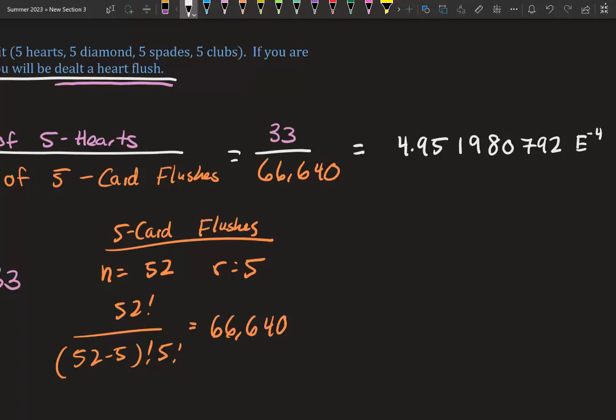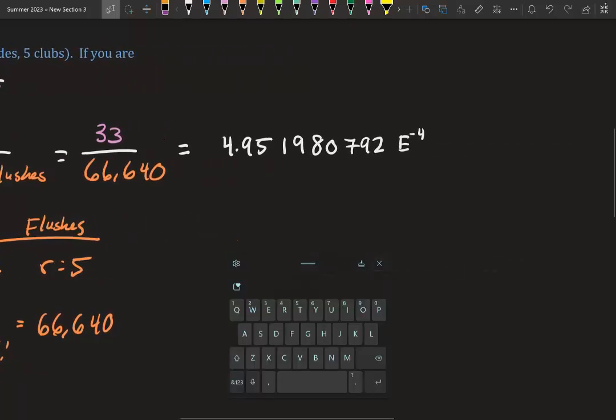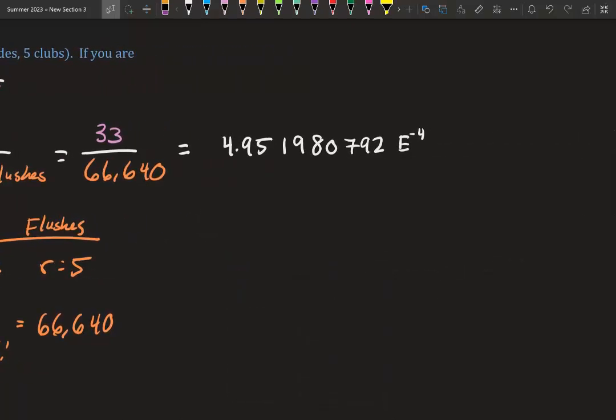So, I'm sure you've played with your calculator a little bit and you get weird answers that look like this. They have that little E to the whatever next to it. So, when we think about negative numbers, that means to the left. Positive is to the right. So what this is actually telling you to do is move your decimal 4 places to the left.